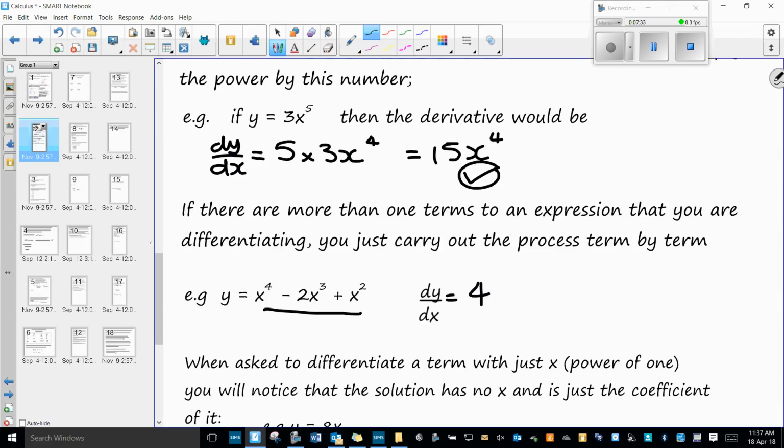Olivia, what's my next one? 6x squared, good. Notice that my negative sign belongs to it still, so it subtracts 6x squared. And Skylar, what's my last one? 2x. Nice. Easy peasy.